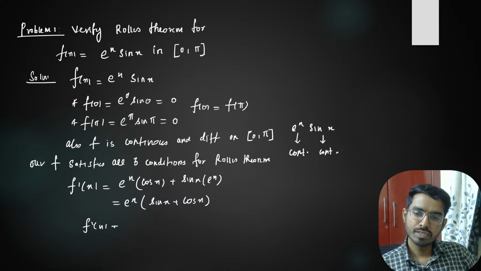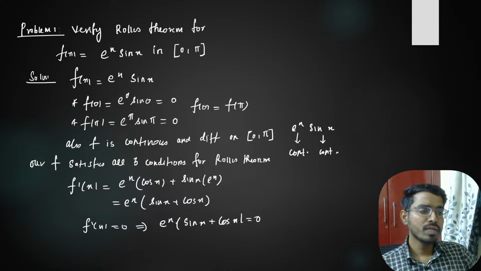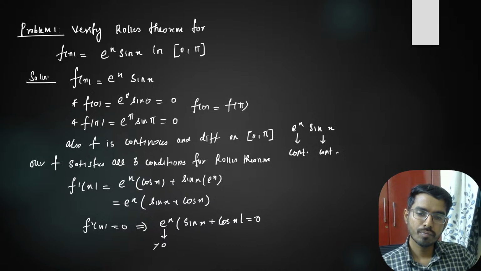So f dash of x equal to 0 means e power x times sin x plus cos x equal to 0. E power x will never be 0, right? Because e power x is always positive. Range of e power x is open 0 to infinity. So this is always greater than 0. That implies sin x plus cos x is equal to 0.